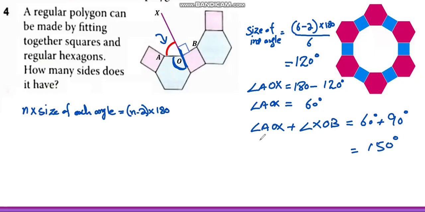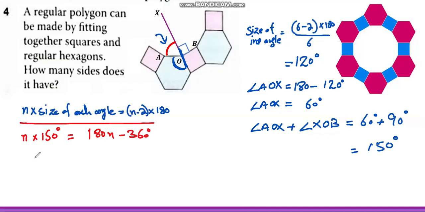Now let's proceed to find the number of sides if each angle size is 150 degrees. So we will again use this formula over here. We need to find the number of sides, and the size of each angle is 150 degrees, equal to, if we expand the right side, 180n minus 360 degrees. Now let's calculate it. It will be 150n equals 180n minus 360.